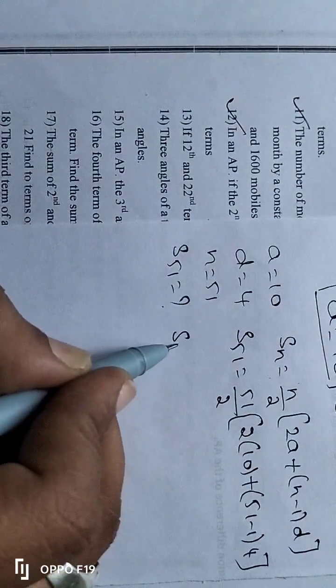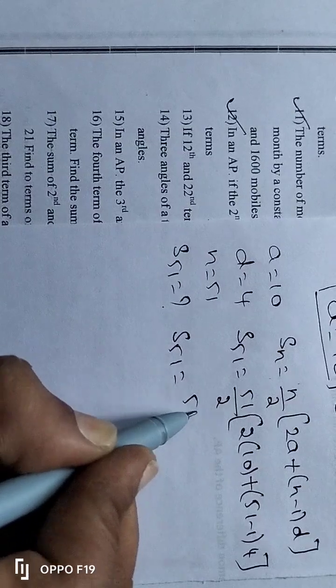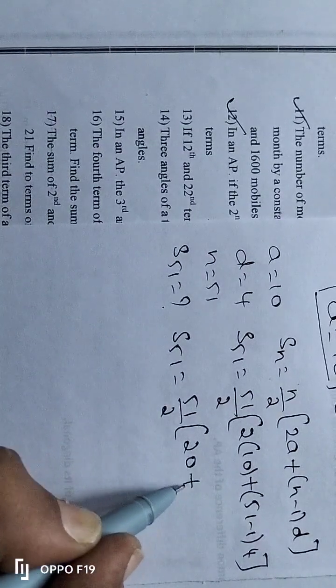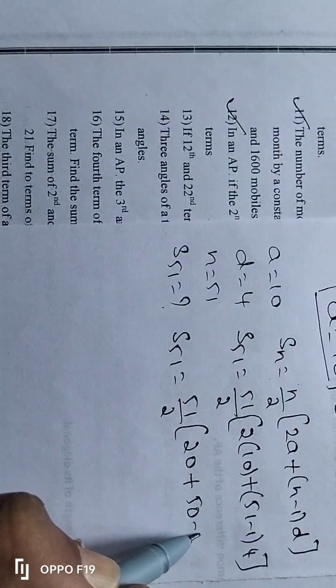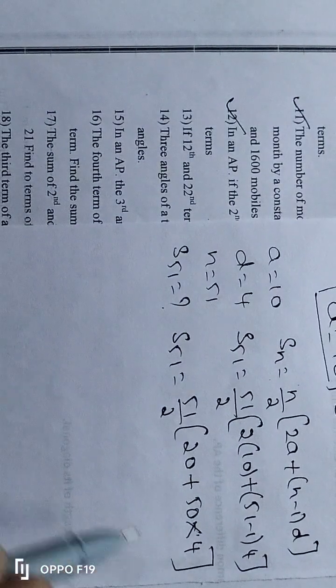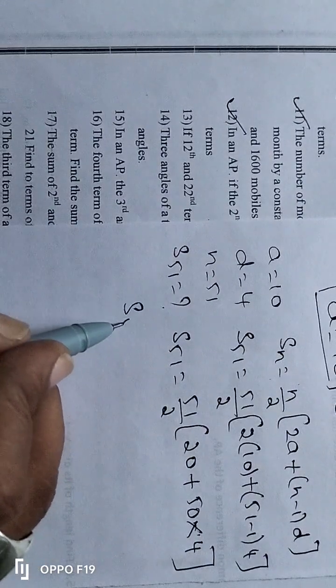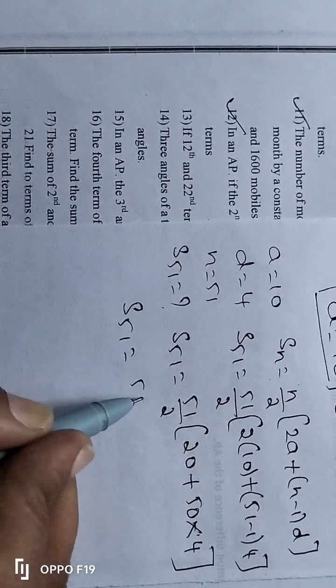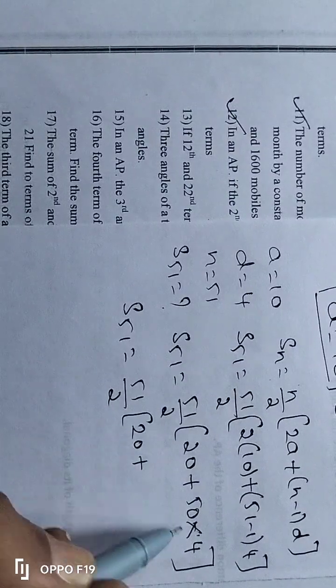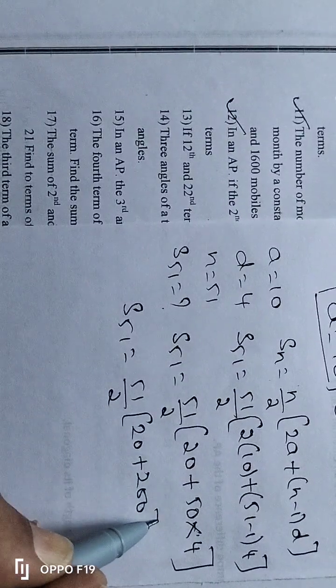So S51 is equal to 51 by 2 into 2 tens are 20 plus 50, 51 minus 1 is 50, into 4. So S51 is equal to 51 by 2 into 20 plus 50 fours are 200.